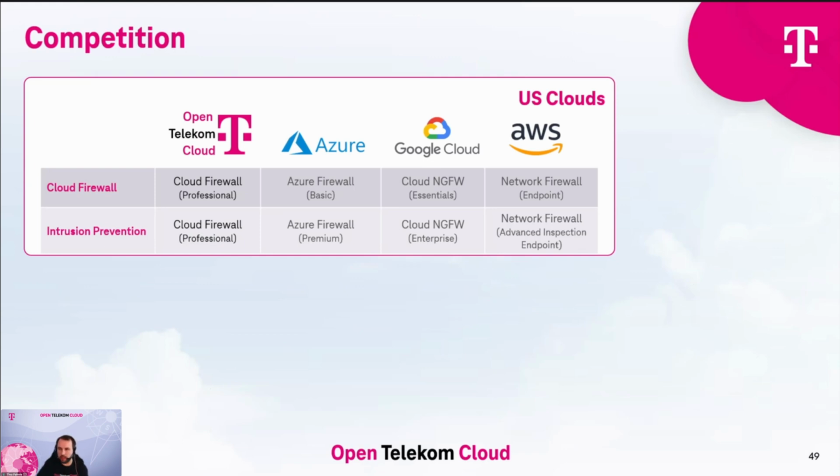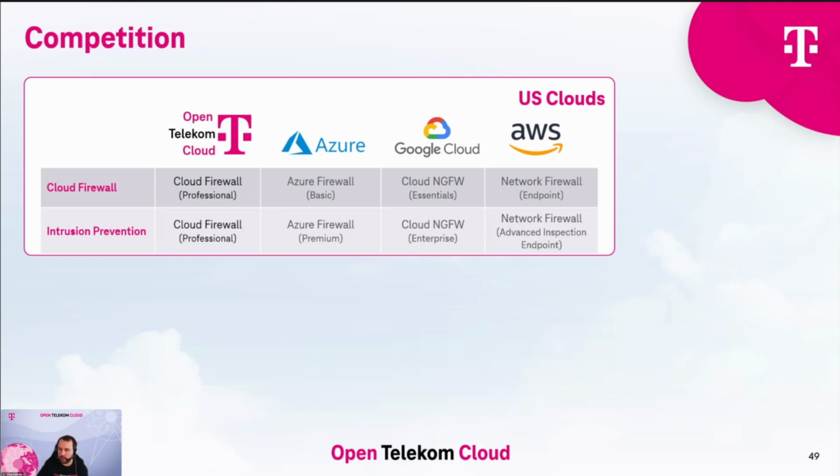This is the only flavor we provide today. And the other cloud providers have different levels, starting from basic or essentials, or however you call it, to premium and enterprise. If you really want the full intrusion prevention package, you usually need to go to premium and enterprise, for example from Google, or advanced inspection endpoint on the AWS side.